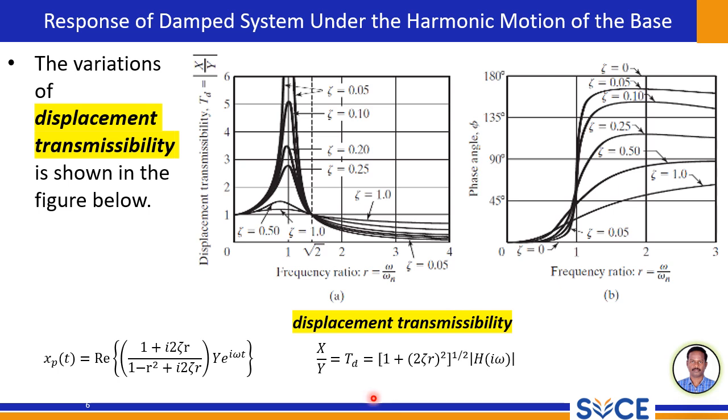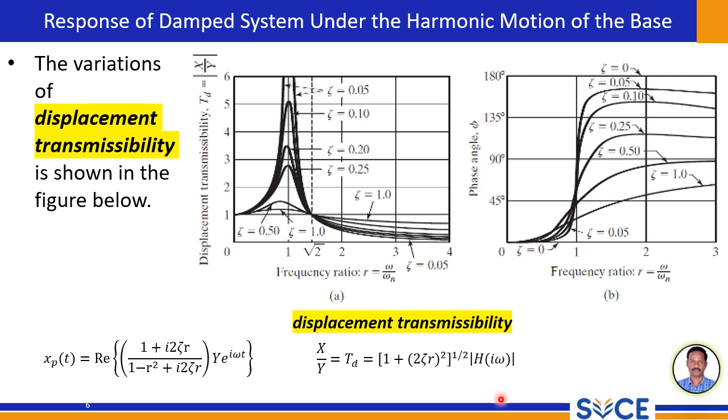Mathematically, we can express it as X by Y equals T d, which is then further equal to the square root of 1 plus (2 zeta r) squared times the magnitude of the frequency response function H of i omega.